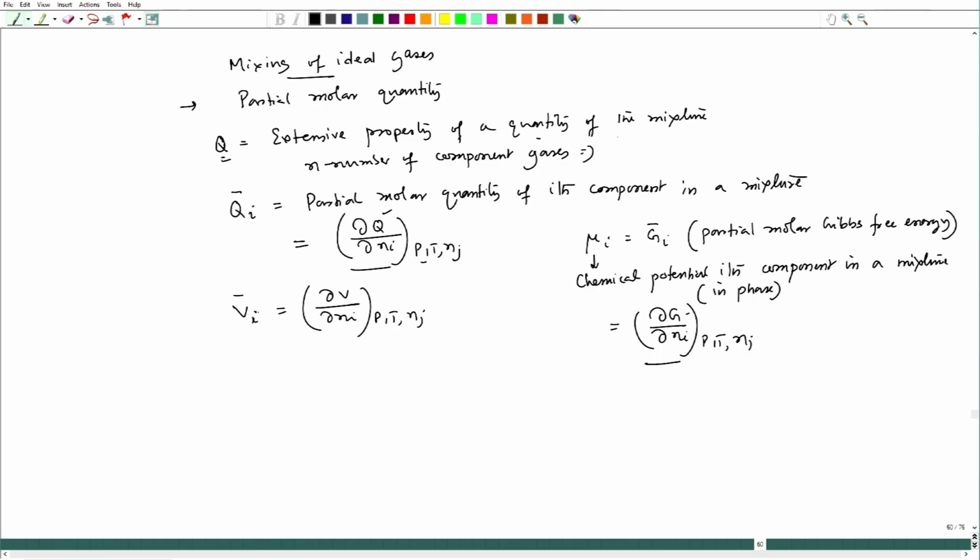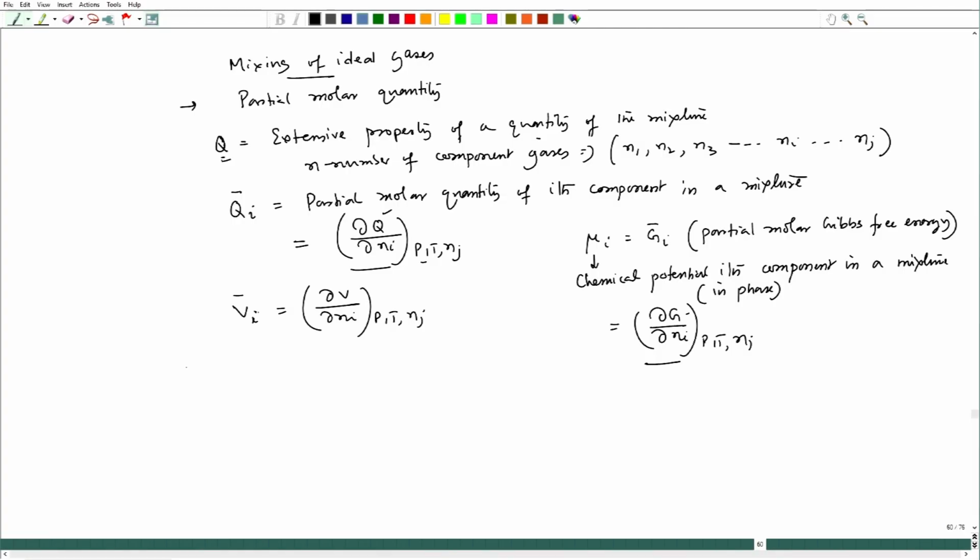The number of moles could be N1, N2, N3 like that, Ni, and then it can go to Nj, the n number of component gases, and each one has certain moles of that particular gas. So, it could be 10 moles, 100 moles, or 1 mole also, but when it becomes 1 mole, that can be expressed in terms of mole fraction.